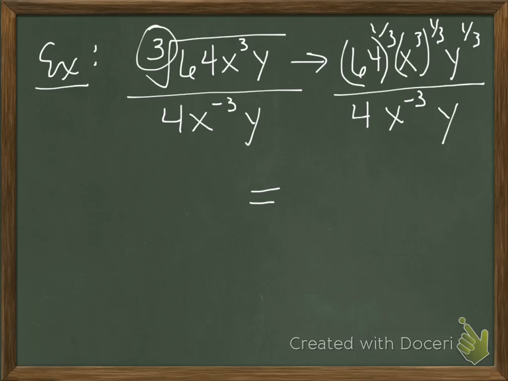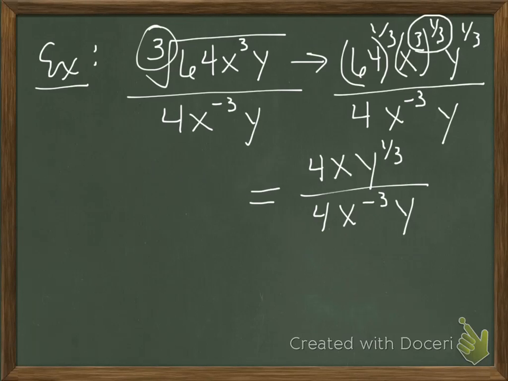All right, now my numerator will go a little further. The cube root of 64 is actually 4, because 4 times 4 is 16, and 16 times 4 is 64. Now when you look at this one, x to the 3rd to the 1/3 power, 3 times 1/3 is just 1. So it becomes x to the 1st power. And y to the 1/3 power is going to stay y to the 1/3 power.